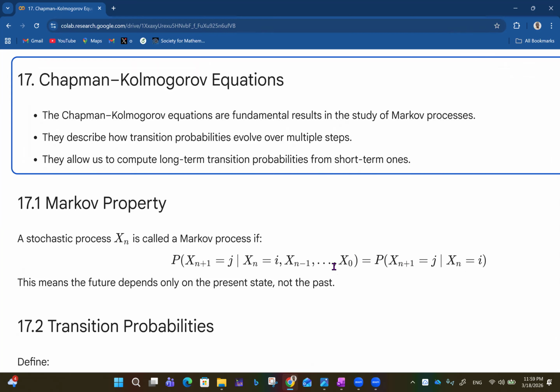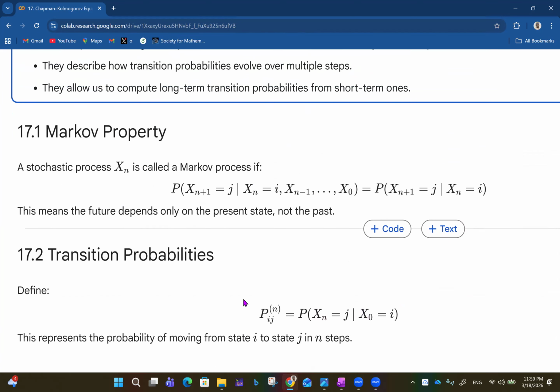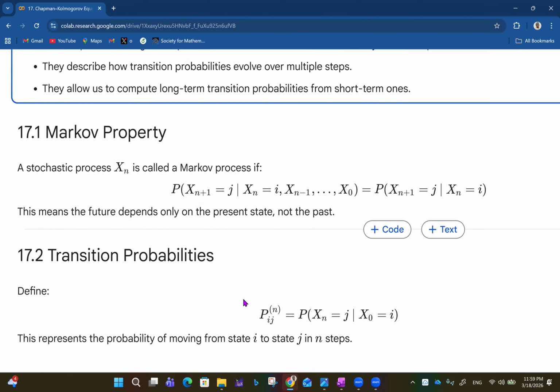That's the probability of moving from i to j. Given the other states you're coming from, it simply reduces to the probability of moving to j, given that Xn is already i. So everything before it doesn't matter. This means the future depends only on the present state, not the past, and that is why it is called a memoryless situation.